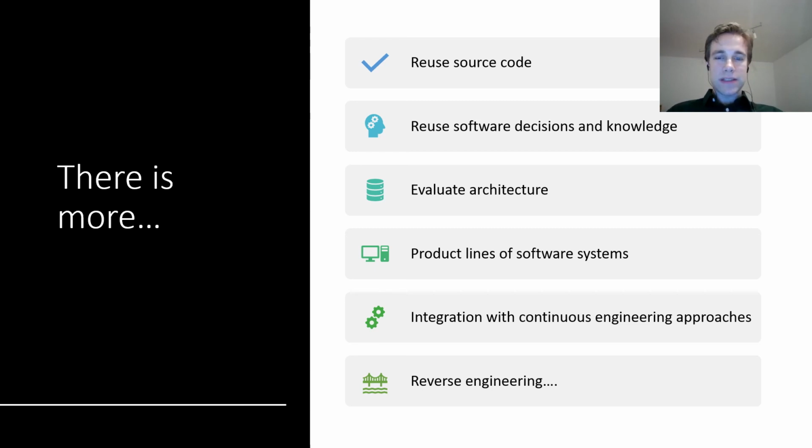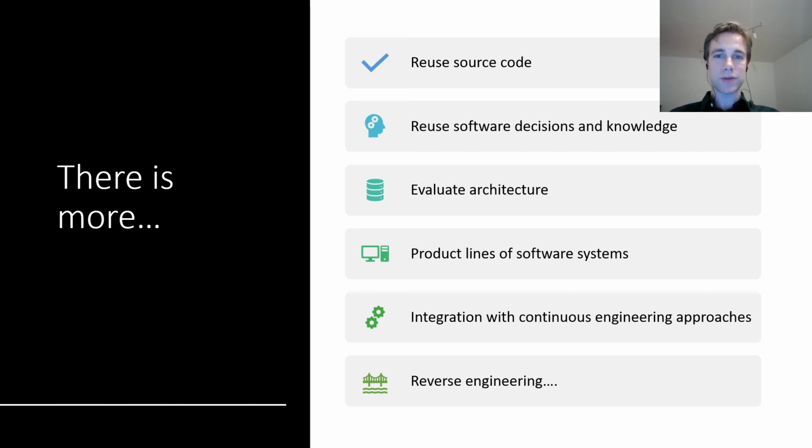Of course, this is not the whole story of the challenges and the concepts that are covered in this course and that software architecture is tackling. Some of the other challenges which exist are how to reuse source code.